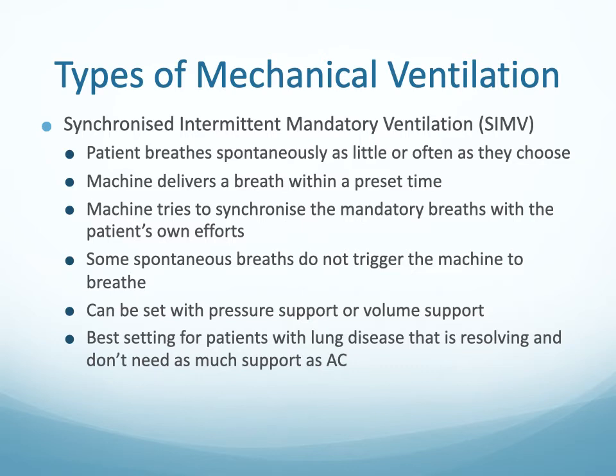Because the machine wants to mimic normal breathing, it may not trigger a machine breath if the breath is taken so quickly after one has already been given. So some breaths are not going to trigger the machine to breathe.